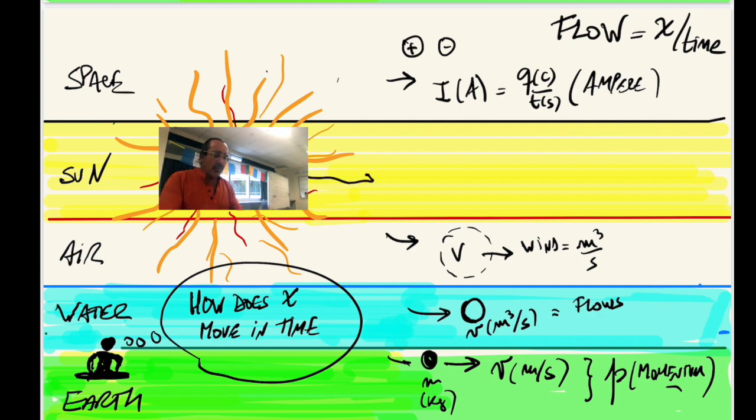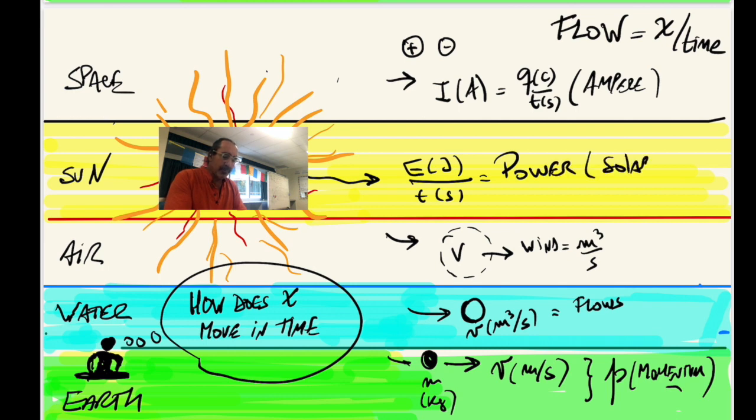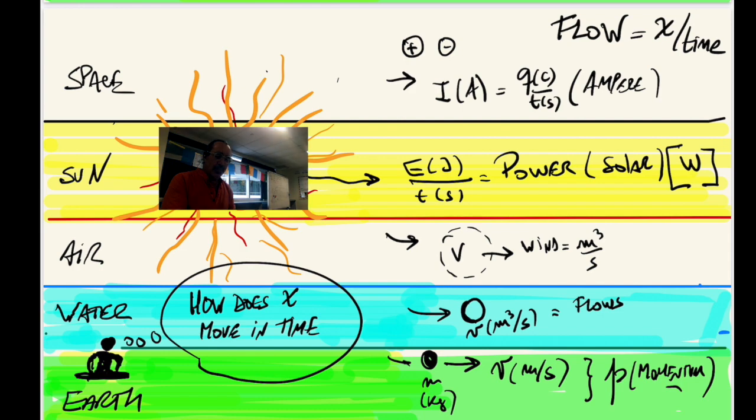And when we explore the motion of heat coming from the sun, we're looking at energy in joules coming from the sun in a certain amount of time. And this is already the concept of power. In this case, it is solar power. That means the amount of heat that reaches the Earth every second, and the unit for power is watts. So these are the concept of motion in time.